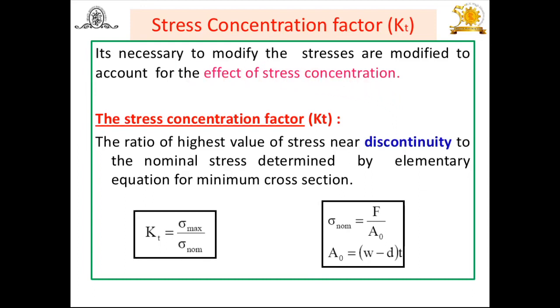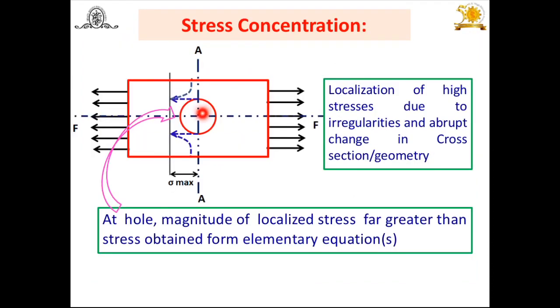So what do we mean by stress concentration factor? The stress concentration factor is the ratio of the highest value of stress. Look at this, because of this hole, here you will find the highest value of the stress. Look at the cursor, the highest stress magnitude.